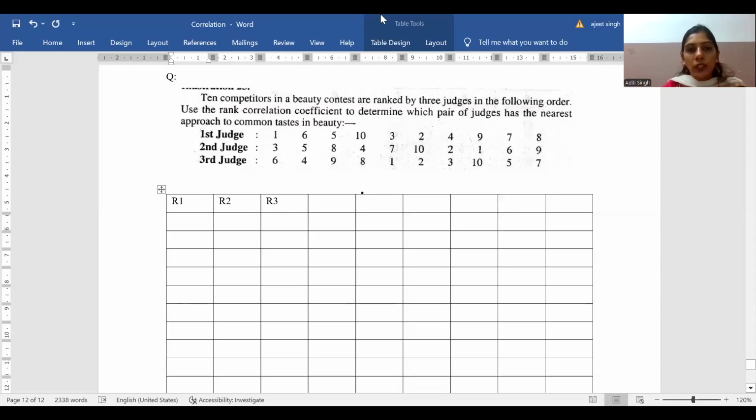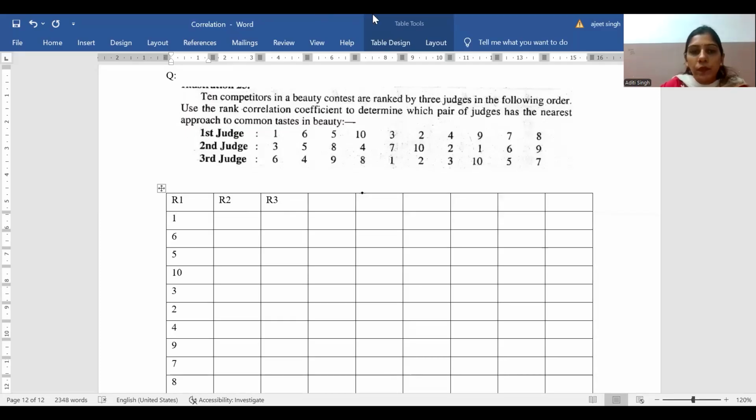Judge 1 gave the ranking 1, 6, 5, 10, 3, 2, 4, 9, 7 and 8. Judge 2 gave the ranking 3, 5, 8, 4, 7, 10, 2, 1, 6 and 9.